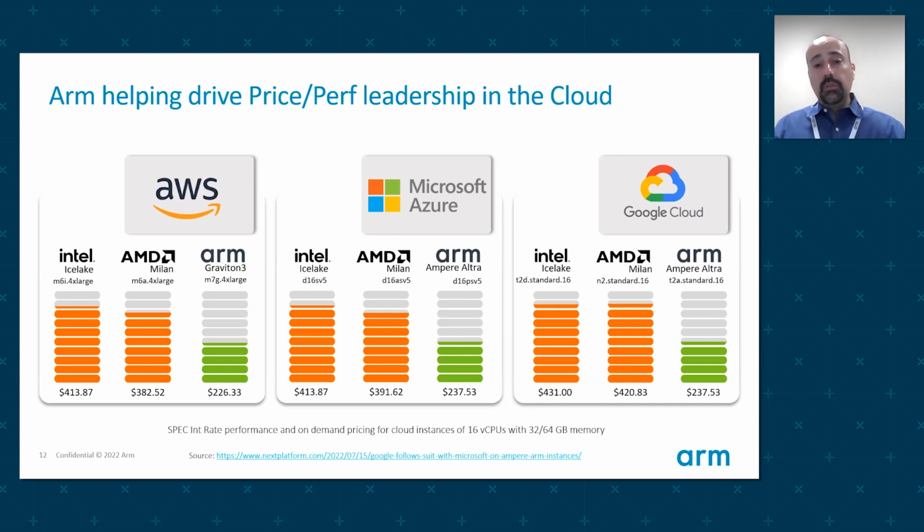And lower is always better when it comes to cost. And what we see here is that in this case, all 3 cloud providers, when you're looking at price performance leadership, are all offering 40% or higher improvement in price performance. Very significant, as ARM has been able to reset the power performance cost profile in the cloud.